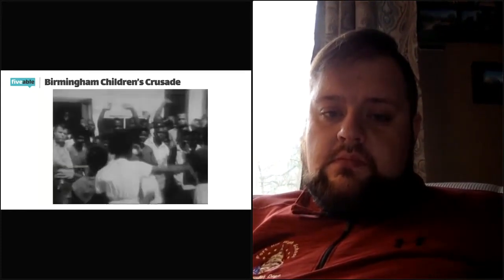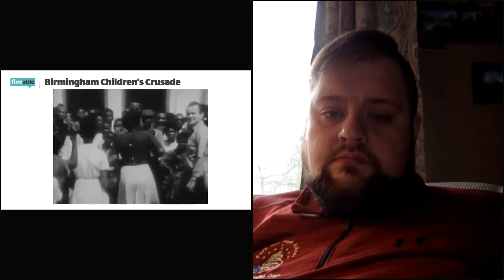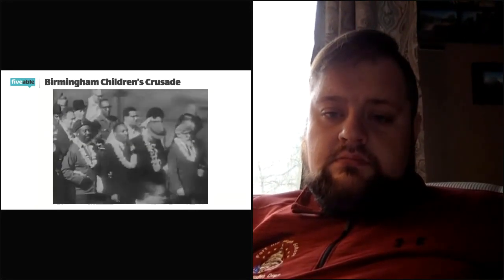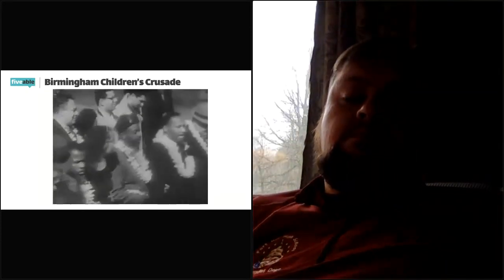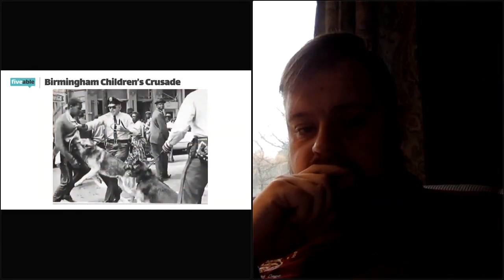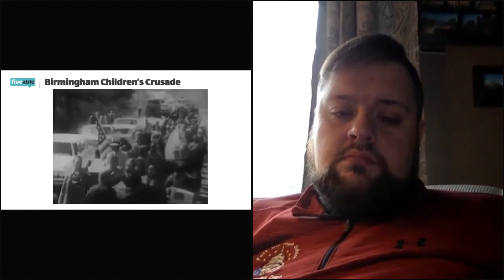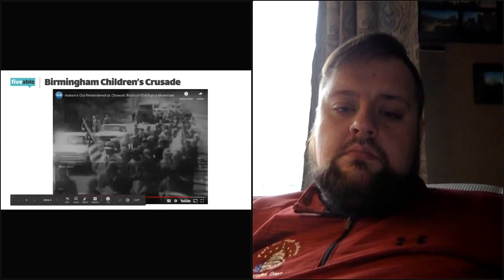Within months, the local segregation laws were abolished. Reverend Wood says King's determination to keep the movement going made all the difference. We would not have accomplished what we did if it had not been for the support and leadership that Dr. King brought. The Birmingham campaign was a climactic battle of the civil rights movement. For many, it stands as an iconic symbol of the sacrifices made by King and thousands of African Americans. Chris Simpkins, VOA News, Birmingham, Alabama.